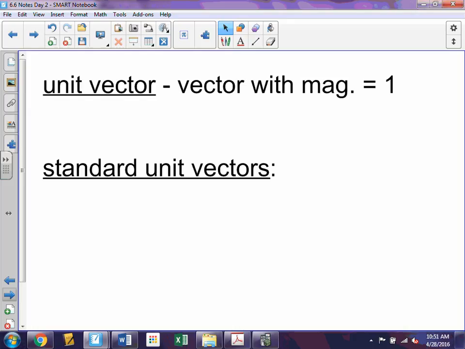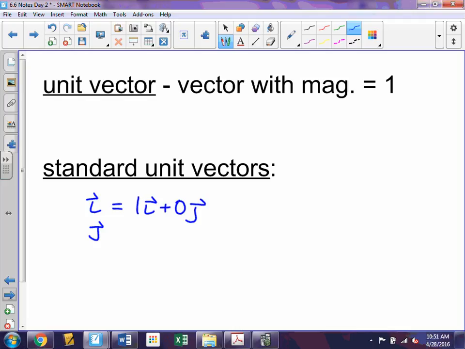Think about that. We have 2 standard unit vectors. I mentioned this yesterday, and they are the 2 things that we use to make up our vectors. They are I and J. Okay? Vector I is the vector 1i plus 0j. Basically what that unit vector is, is 1 unit on the x-axis.